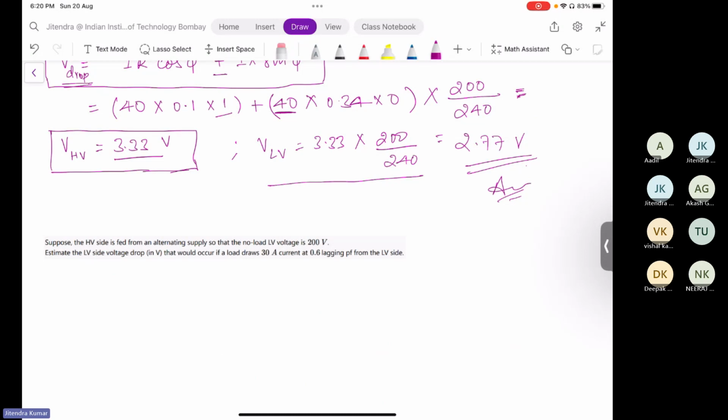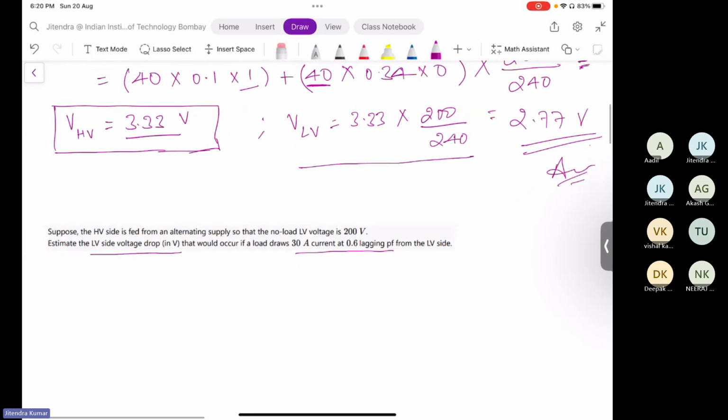Now again we have to estimate the LV side voltage drop that would occur if the load draws 30 ampere current at 0.6 lagging power factor from the LV side. I think you can compute it very easily as you observed in the previous part. So please go ahead and solve it.